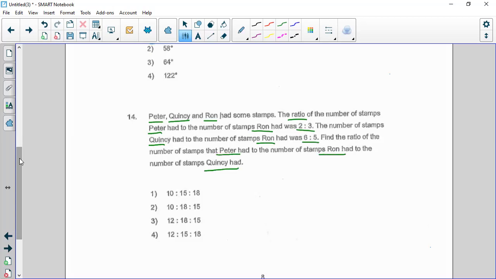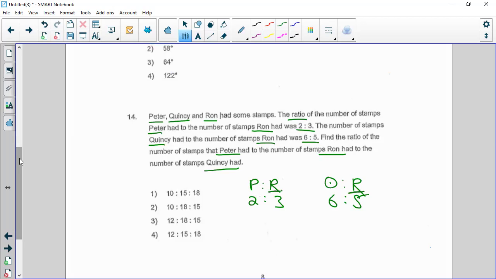Ratio method. All right, so if you are going to use ratio method, then how to use? You have to label the ratio. Peter is to Ron. 2 is to 3. Am I correct? And then Quincy to Ron. Quincy is to Ron. 6 is to 5. And then you see the two ratios, and what do you learn? Is there something the same? Yeah, there's something the same.